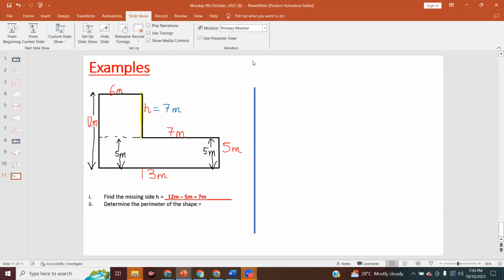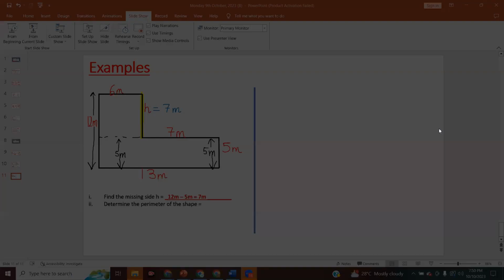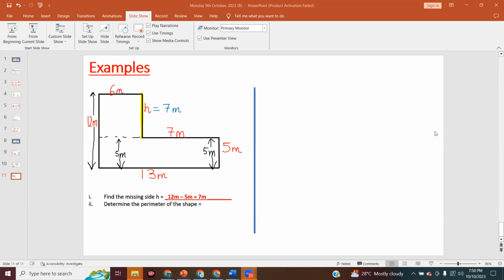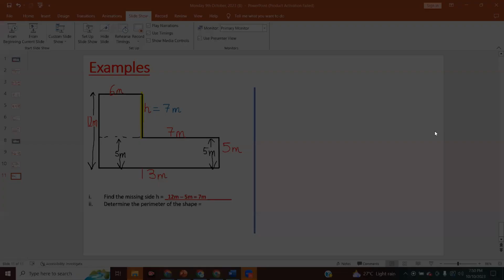I need everyone answering, please. What is the perimeter of the entire shape?